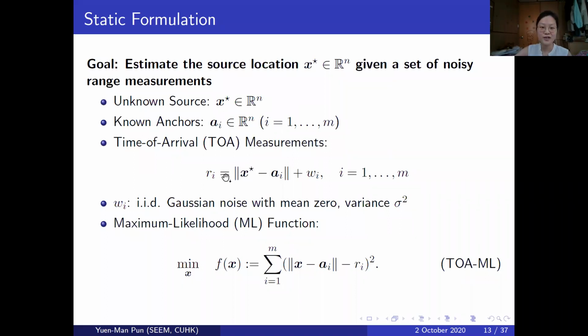We have r_i that denotes the TOA measurements, and w_i is IID Gaussian noise. Here the maximum likelihood function is given by this form, which looks really similar to our loss functions for different time t.